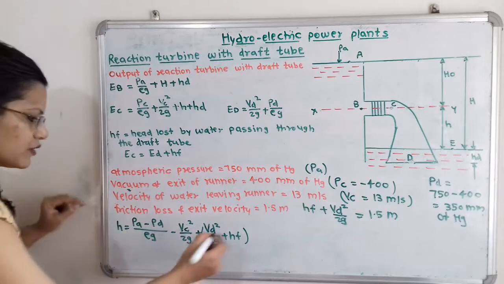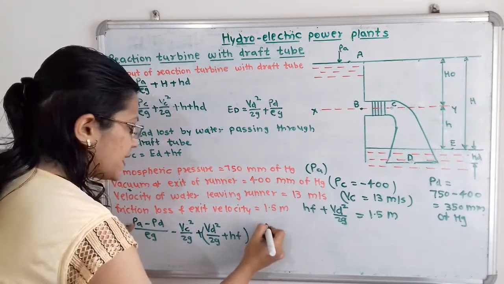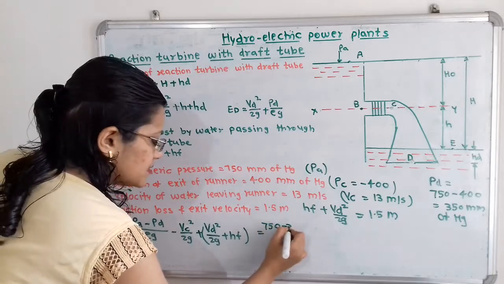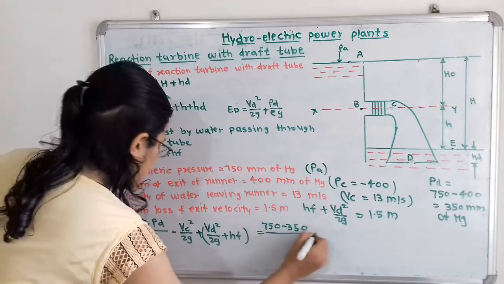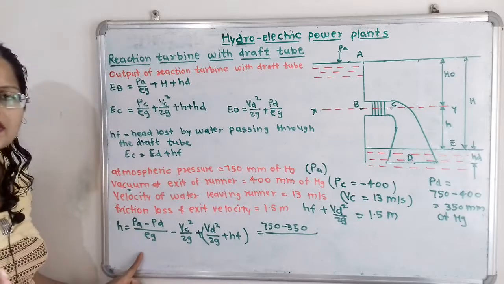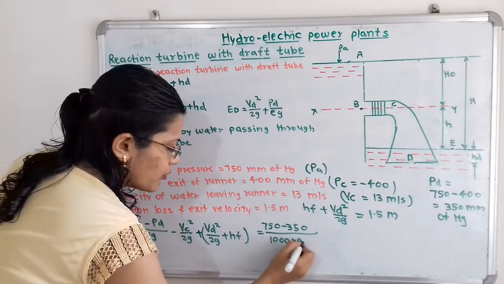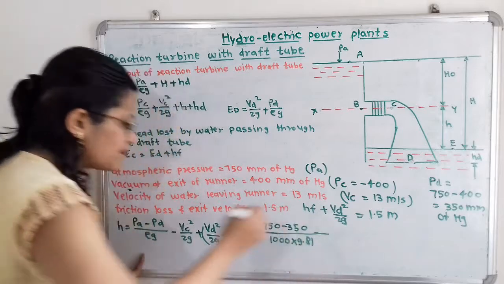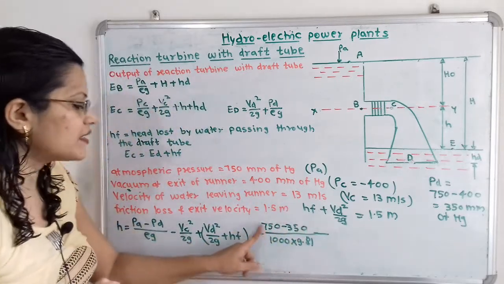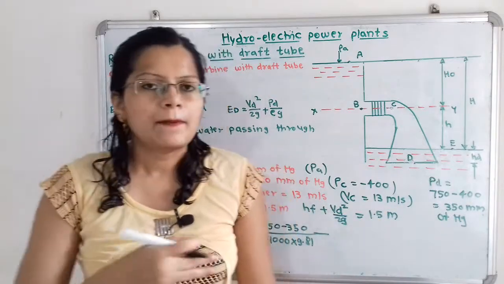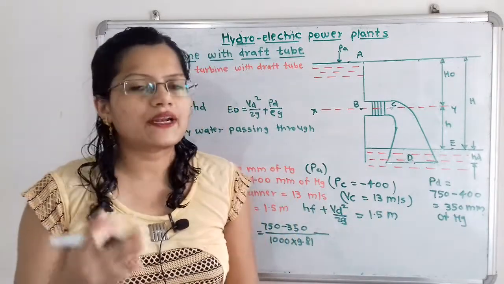So h is equal to, now I put the value PA, that is 750, minus PD, that is 350, divided by rho g, where rho is the density of water, 1000, into 9.81. Now remember, the pressure difference has the unit of millimeter of Hg, but we will convert it into atmospheric pressure.